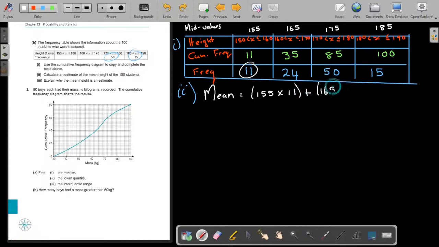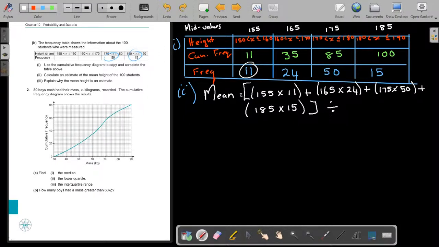Mid value multiply the frequency, mid value multiply the frequency, mid value, just put a bracket like this, mid value multiply the frequency, and then I divide it by the total frequency, and that will be 100. So if I get the brackets first, and I divide it by 100, that will give me 171.9.